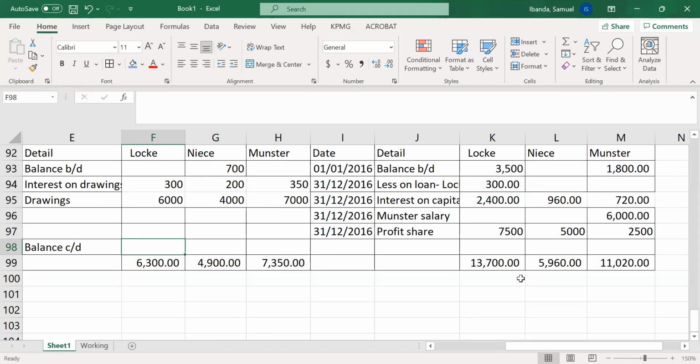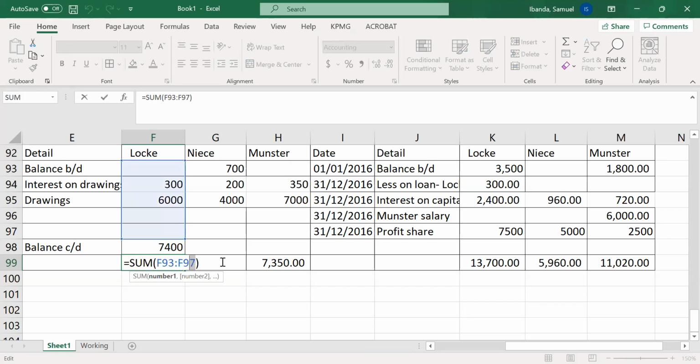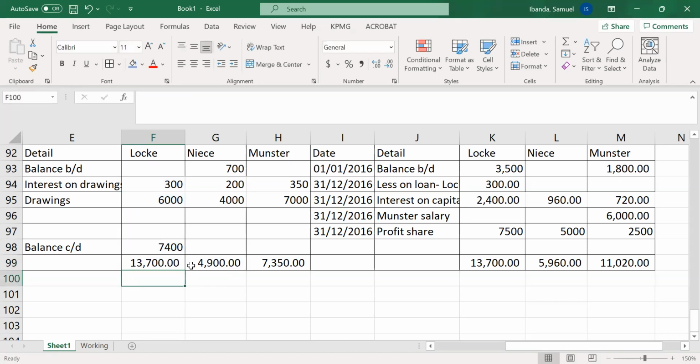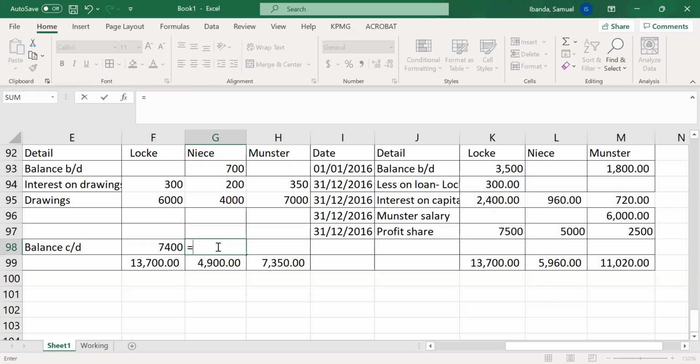This will be 13,700 minus 6,300. Oh, this will be 5,960 minus 4,900.